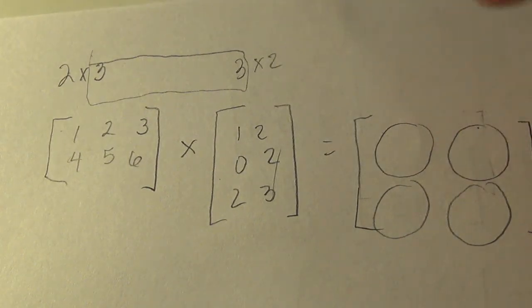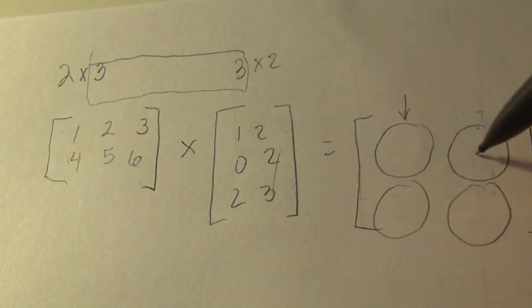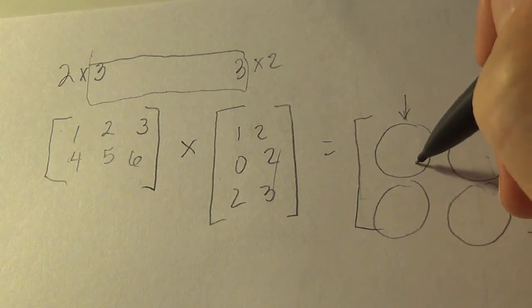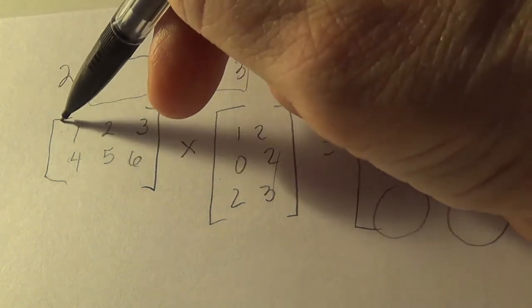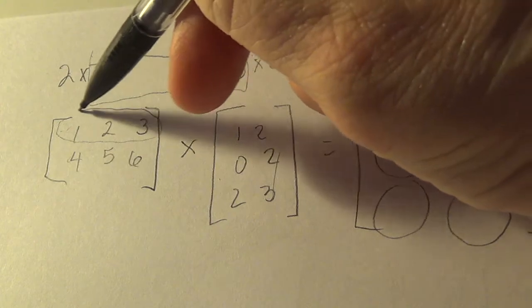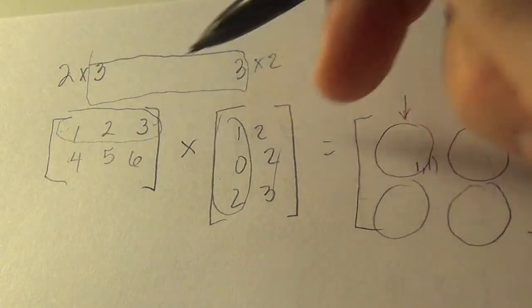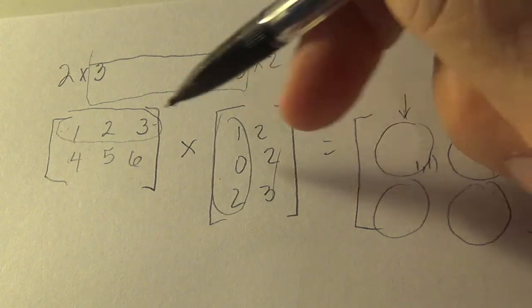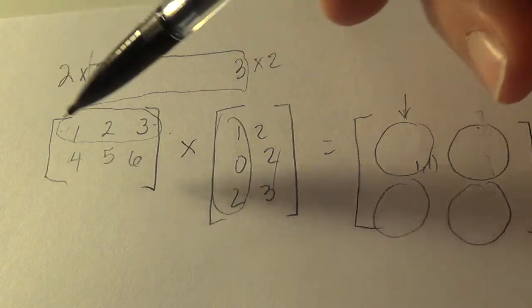Alright, so here's how you do it. Say I want to learn what goes in this one. Notice that is in the first row, first column. So I'm going to use the first row and the first column: the row coming from the first matrix, and the column coming from the second matrix. There's a formula and so forth, but I'm just going to show you the procedure.